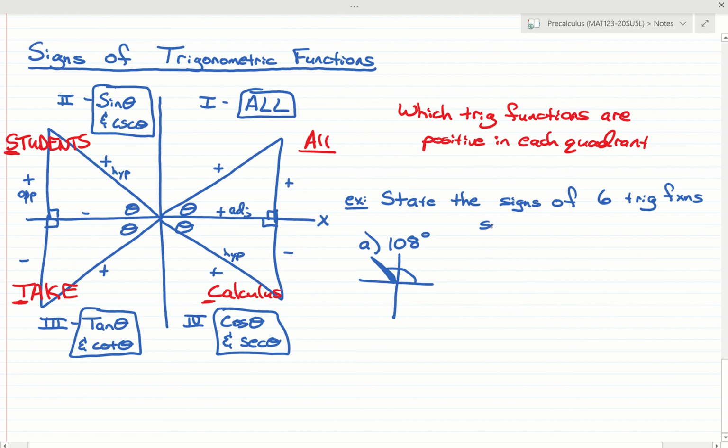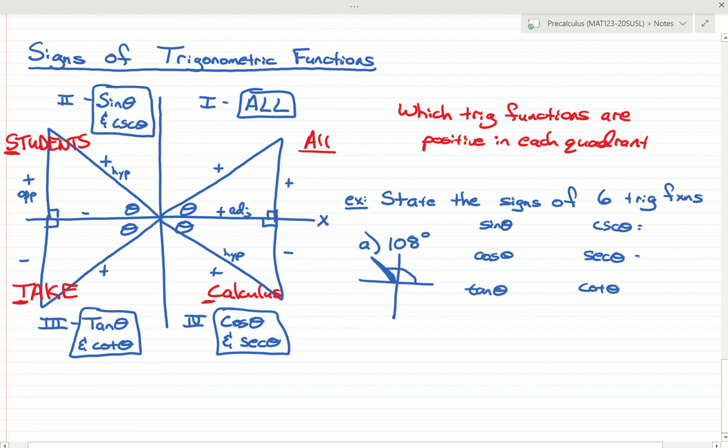So we have sine, cosine, tangent, C, S, C. We're just looking to figure out what's positive and what's negative for 108 degrees.